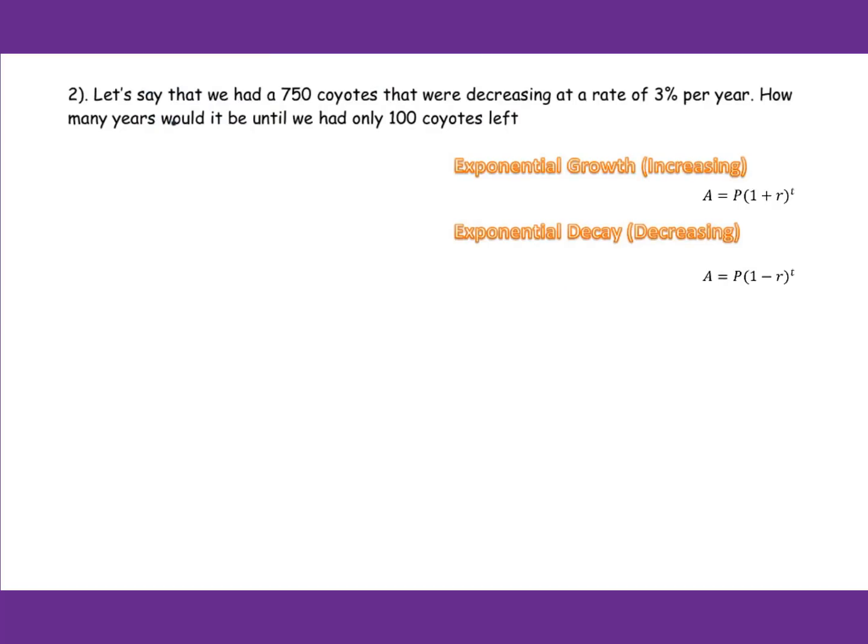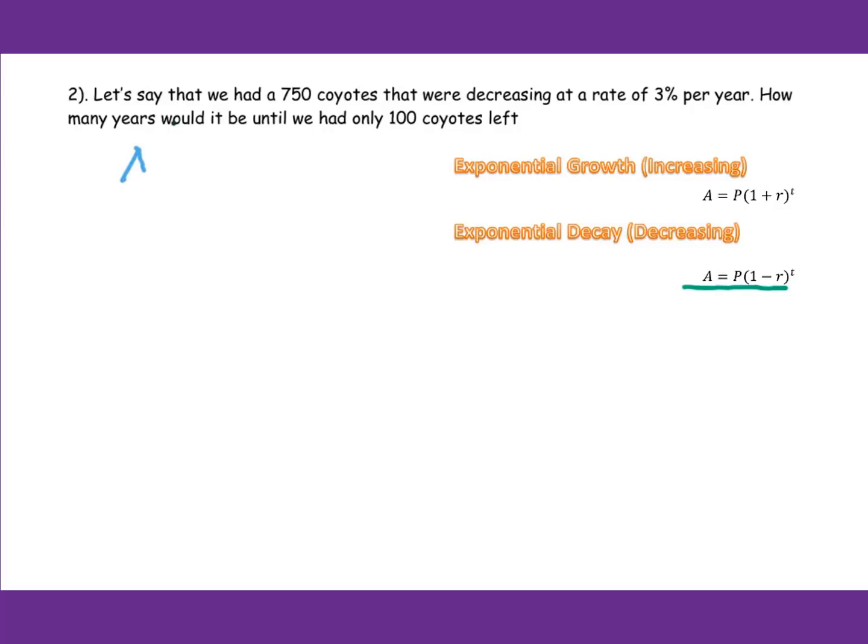Let's say that we had 750 coyotes that were decreasing at a rate of 3% per year. How many years would it be until we had only 100 coyotes left? This time we have to use the exponential decay formula.